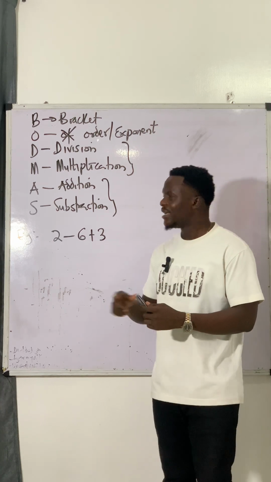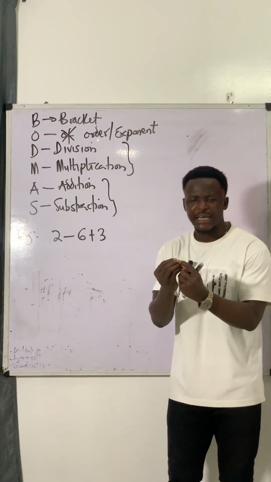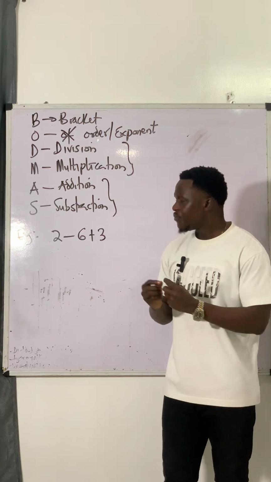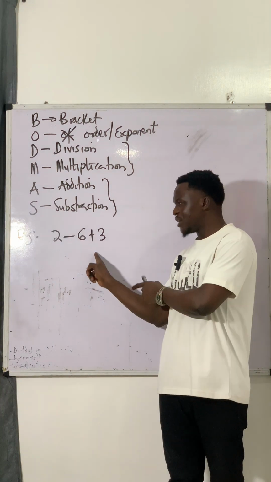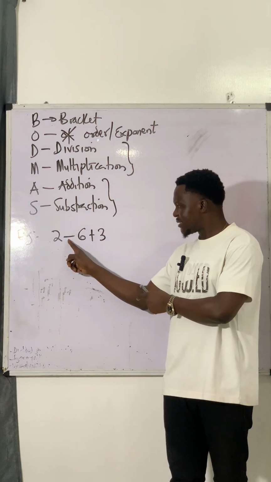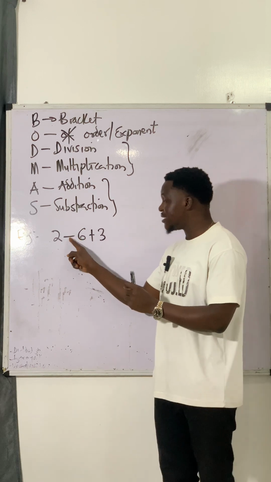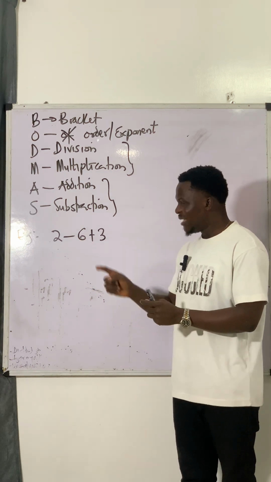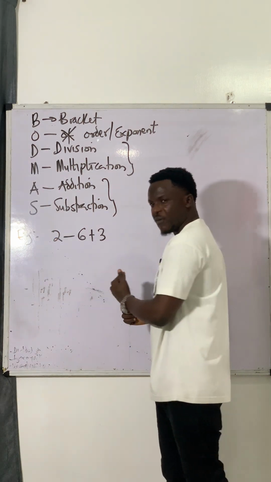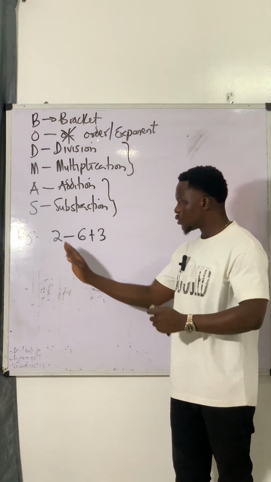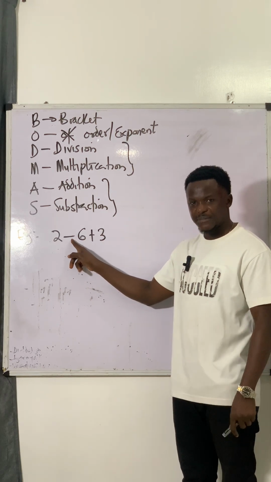There is a rule that says anytime addition and subtraction are appearing together, and they are adjacent to each other, that is, after one of them you see the next one, like in this case, this negative is adjacent to positive, the rule says start from the left-hand side. That means the one that is coming first from the left, you evaluate it first. So looking at this, negative is coming first. So this is what you're supposed to evaluate.